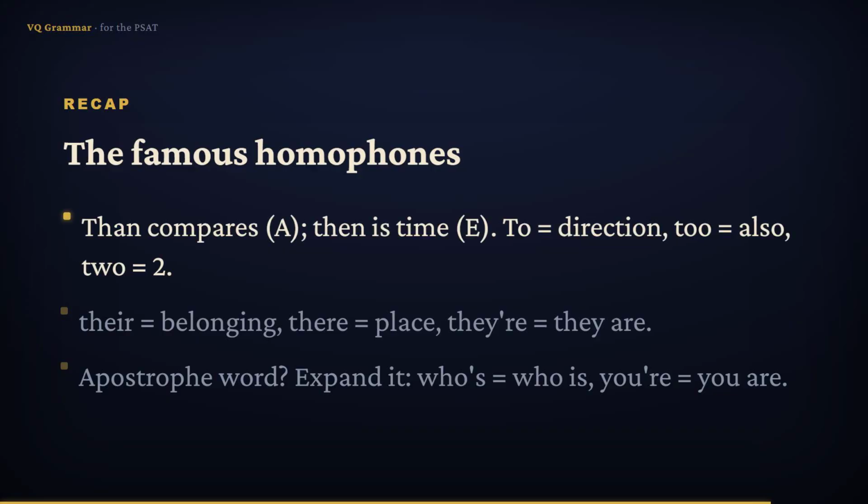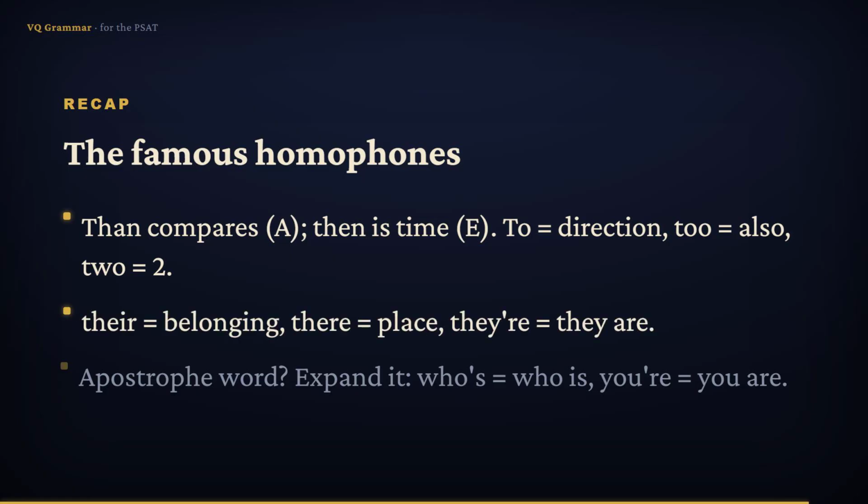Let's wrap up. Than with an A compares. Then with an E is time. To shows direction. Too means also. And two is the number. For the possessive versus contraction pairs, lean on one trick.